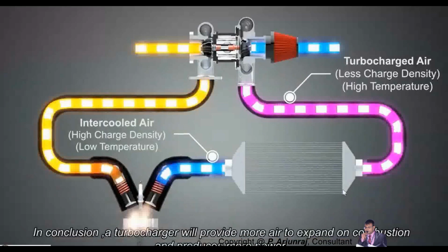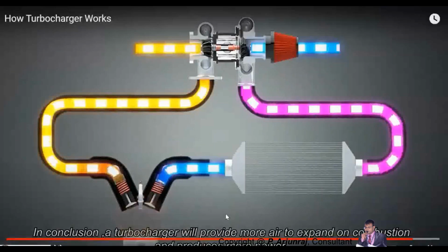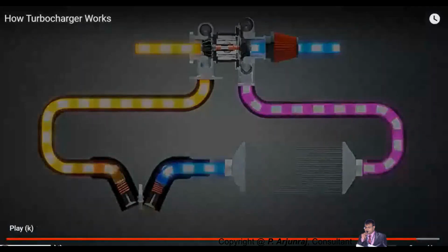And again, I told you in this book, when you go for the valve, the wastegate kind of thing, the variable geometry turbocharger. When you go for a variable geometry turbocharger, I told you, when the engine is running at low speed, your boost pressure gets increased.